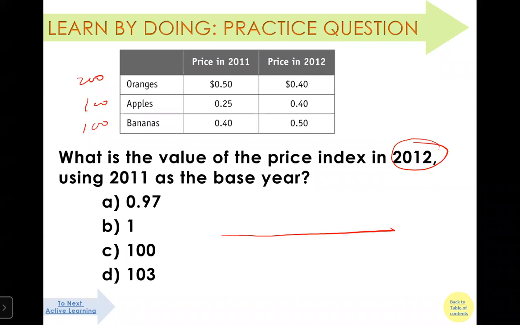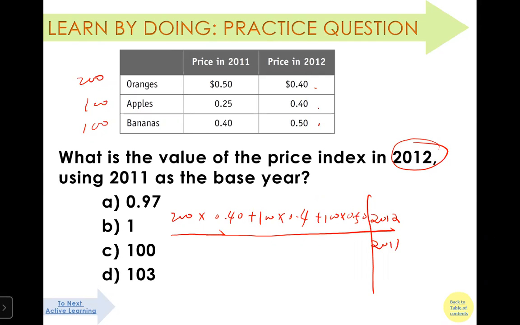You need to find out the cost in 2012 divided by the cost in 2011. So let's see how we do that. 200 times, now in 2012, the price is 40, plus 100 times the price of 40, plus 100 times the price of 50.